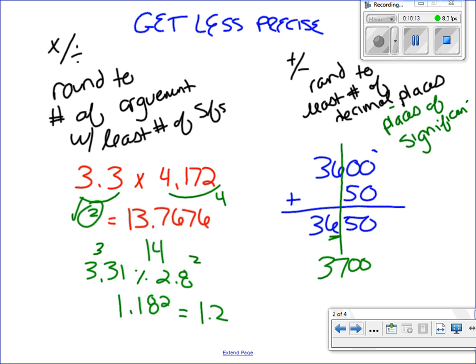If you don't understand that, just memorize it. This 0 here is not significant. So 3600 is only significant here and here. 50 is only significant here. So 3600 stopped being significant earlier than 50. So we err on the side of less precision.